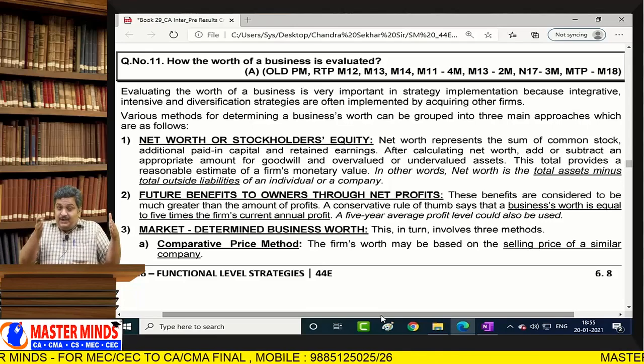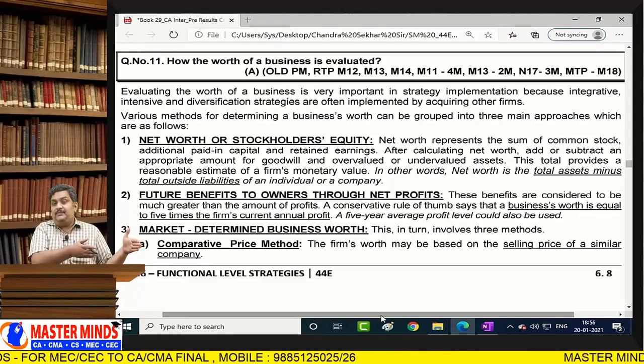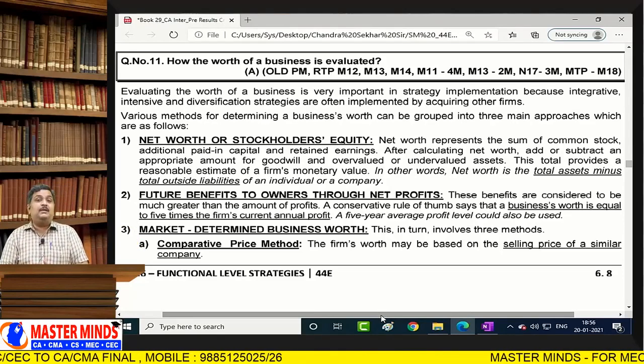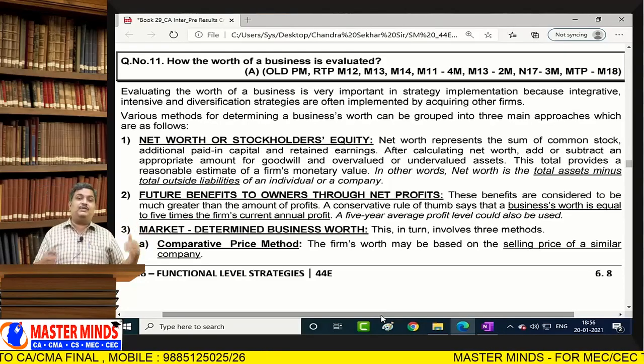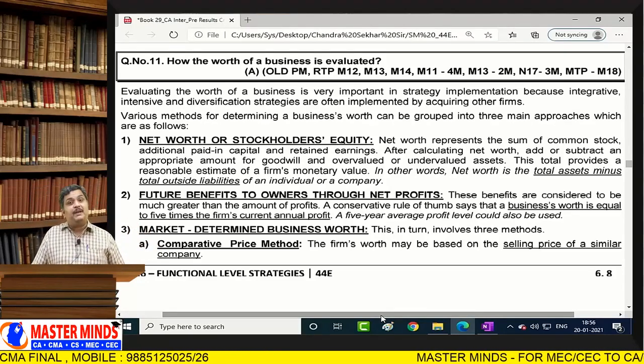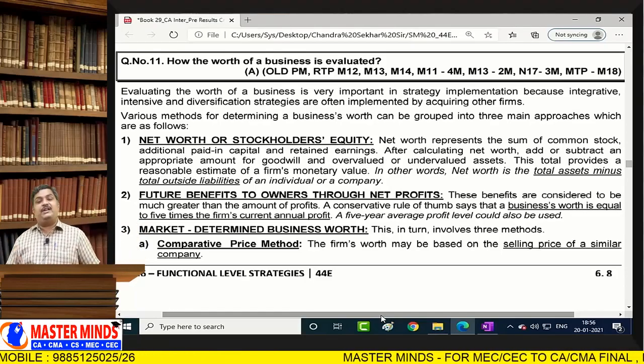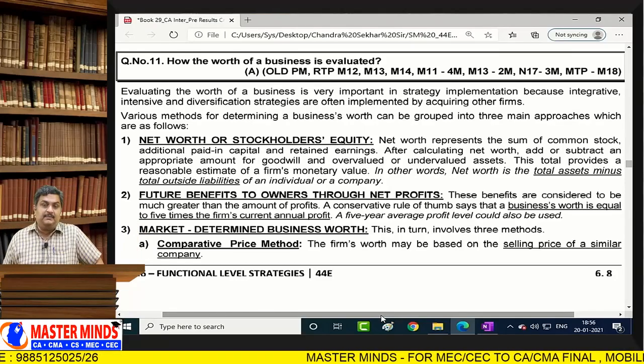What is the individual net worth, and what is the combined net worth? That means before the merger, what is the net worth of the two companies, and after the merger, what is the net worth of the merged entity, that we need to find out.